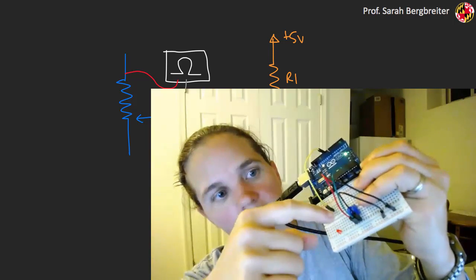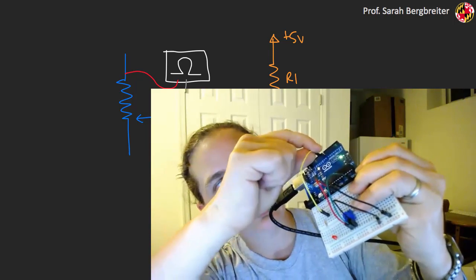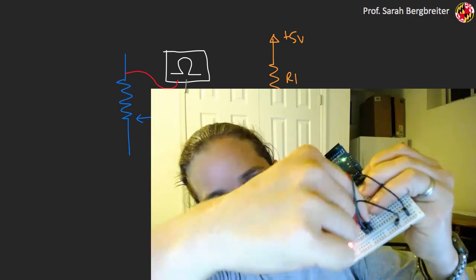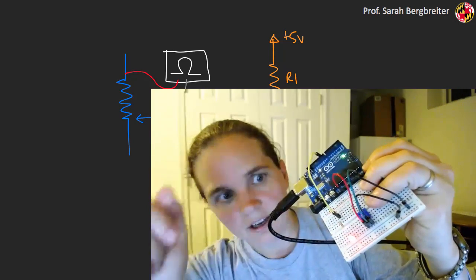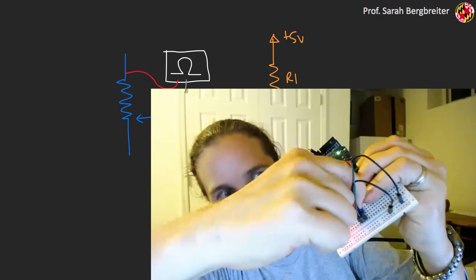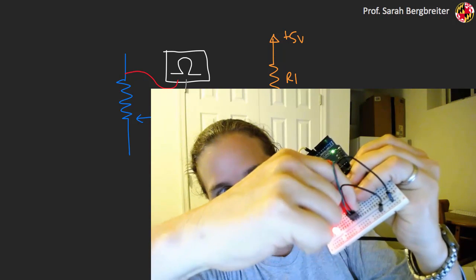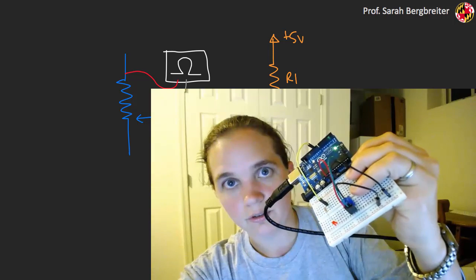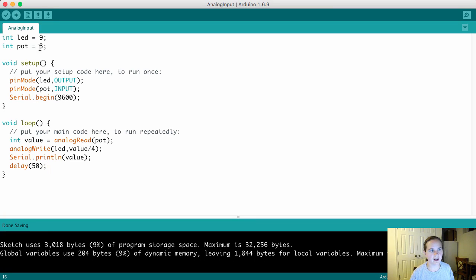I have this LED through a current limiting resistor hooked up to one of my PWM pins. As I change the position of that knob, I can adjust the brightness of my LED. So I turn it back all the way the other way, and the LED turns off. Let's see how I did that.